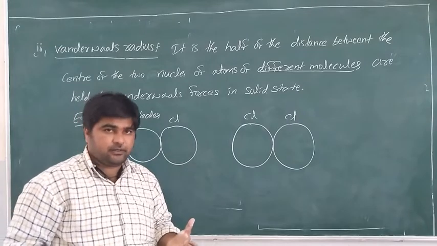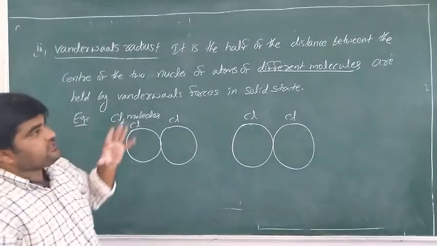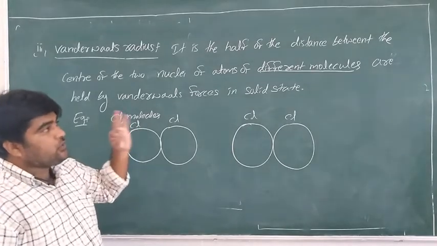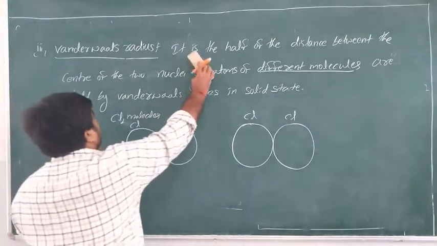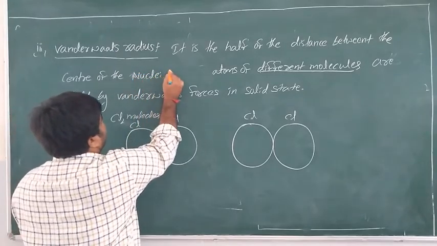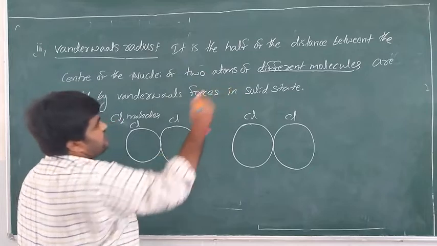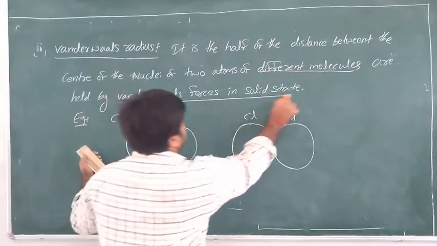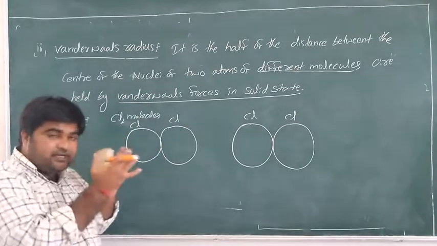We will explain. See, it is half of the distance between the centers of the nuclei of two atoms of different molecules that are held by van der Waals forces in solid state. So that means van der Waals forces are there.